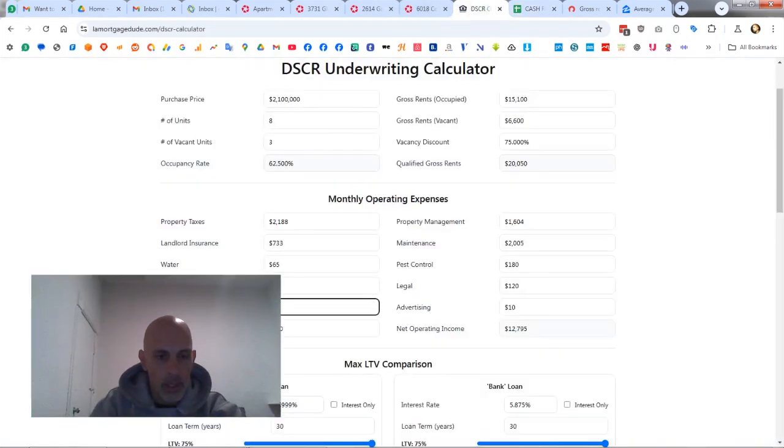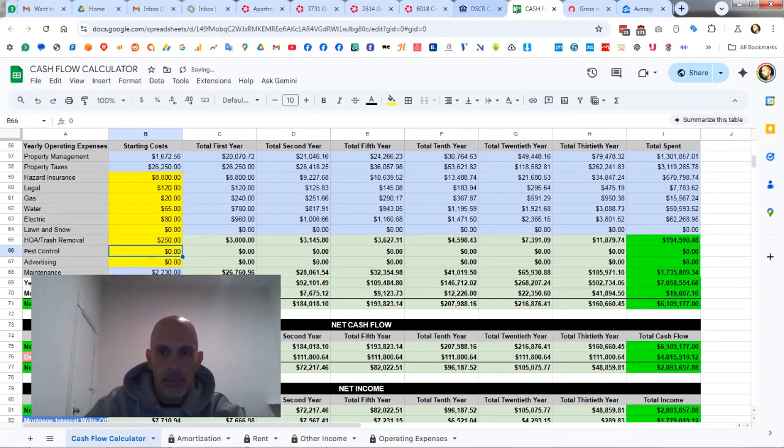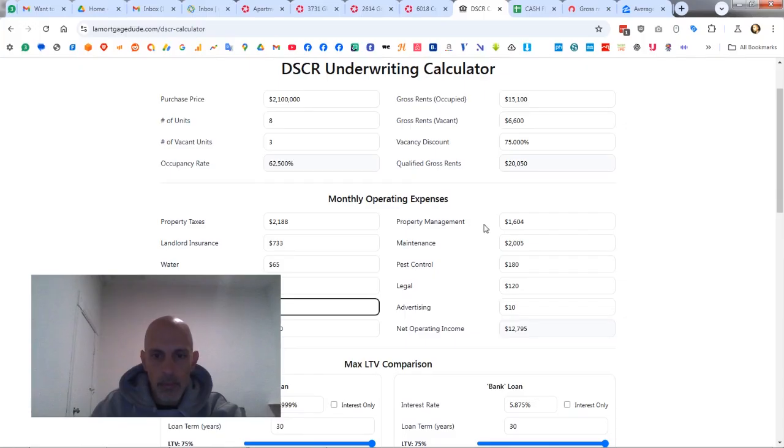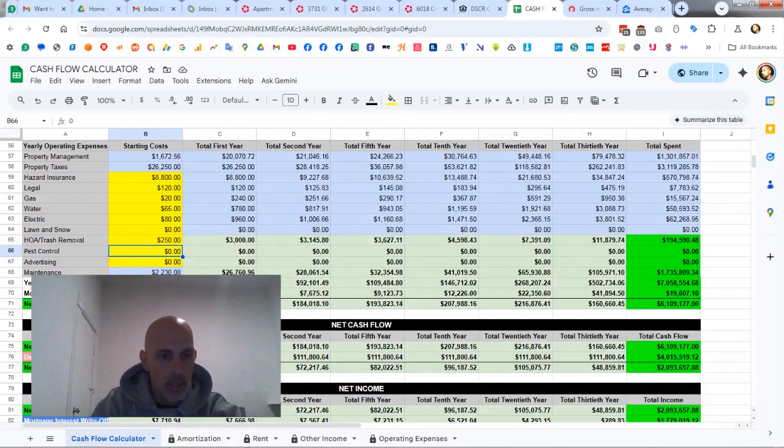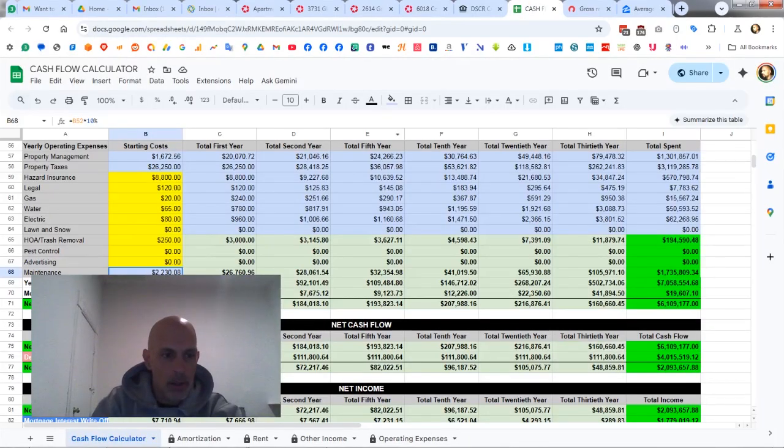Nothing for lawn and snow. Trash is 250. Maintenance about $2,000. I have it at $22.30 here. It's at $2,005 over there. We'll choose a higher number. Advertising was $10.